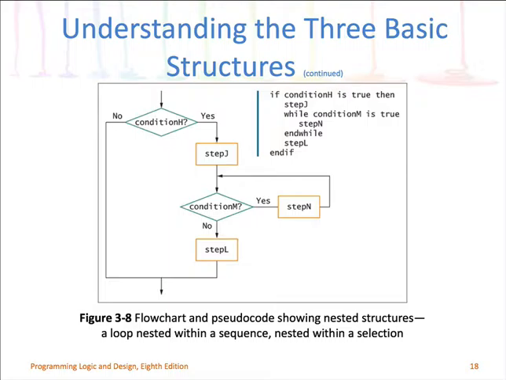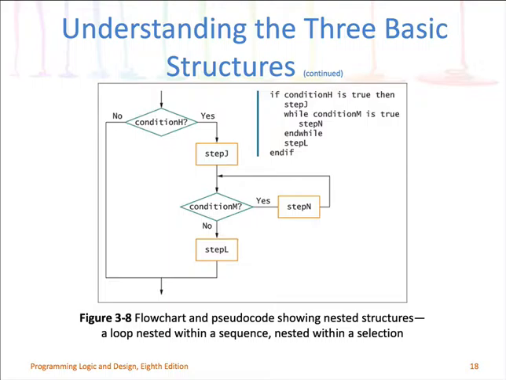Here we have a nested structure. We have a condition. The false condition, or the no condition, is a null branch. But over at the left, we have a sequence followed by a loop, followed by another process step or a sequence step.